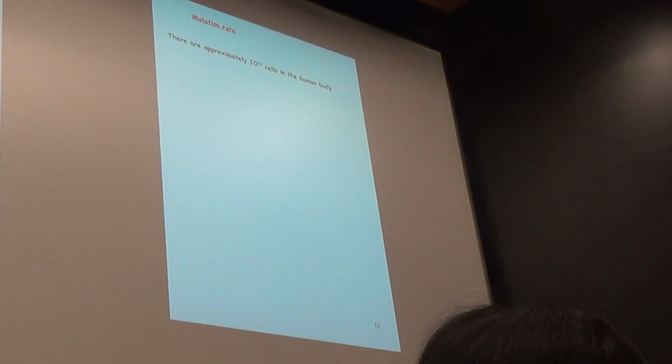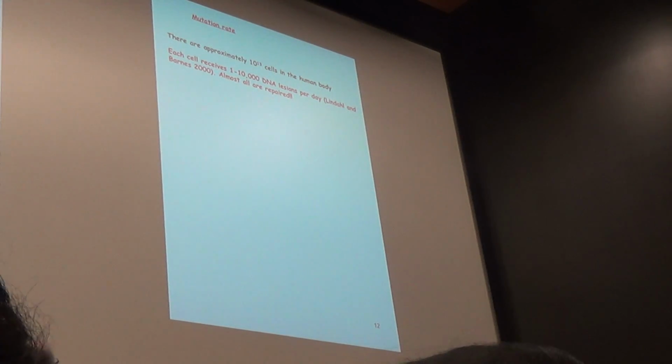And mutations are very common, amazingly common. It's common to the point where, if you have problems, you can freak out, basically. Let's put it that way. There are 10 to the 13 cells in the human body. Okay? So you have a huge number of cells.